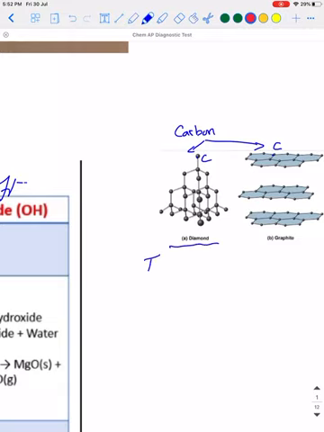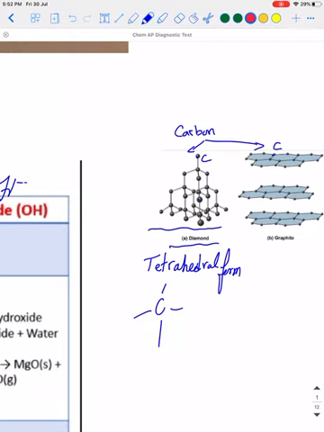In diamond, the carbons are connected in a rigid way to each other, in a tetrahedral form, and each carbon is connected to another 4 carbons. This is part of a giant molecule, by the way. Diamond and graphite are both giant molecules. We are taking a section here.